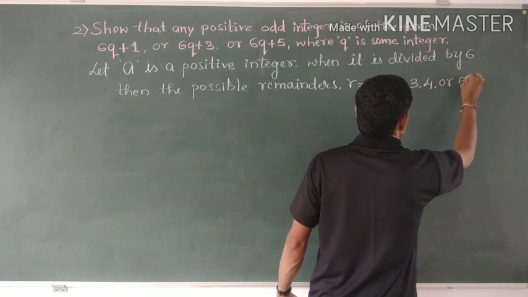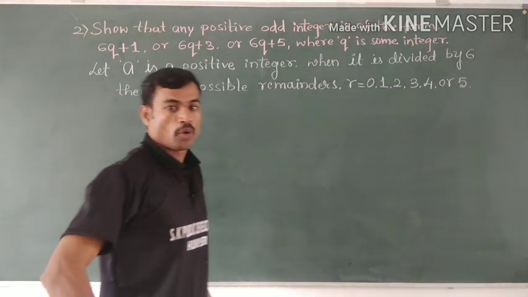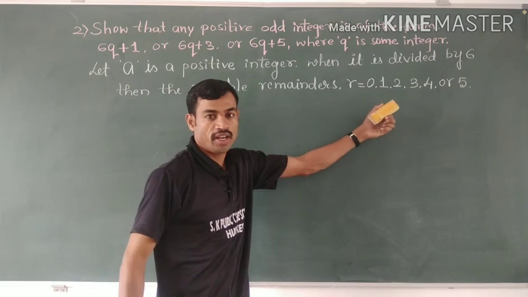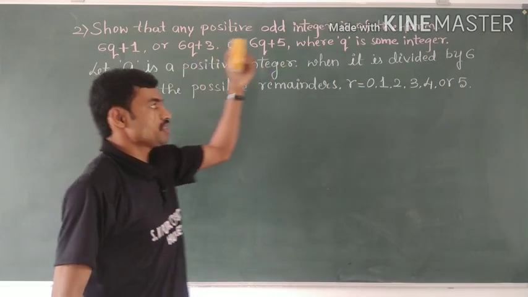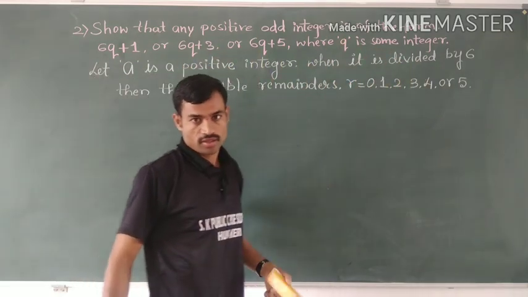These are all the possible remainders we get when a is divided by 6.